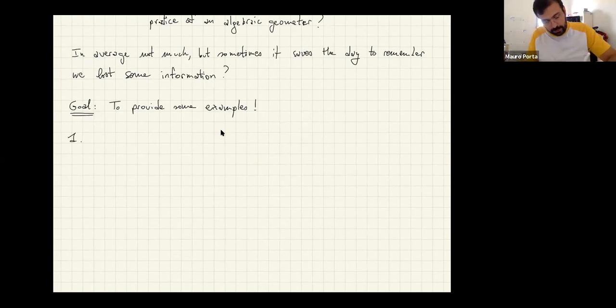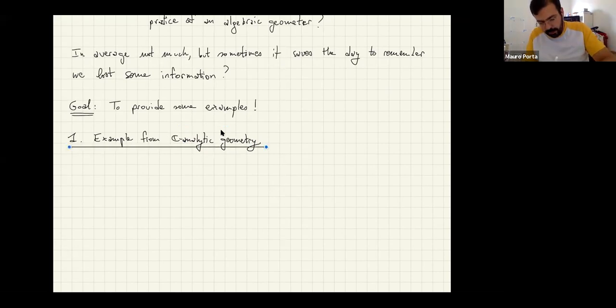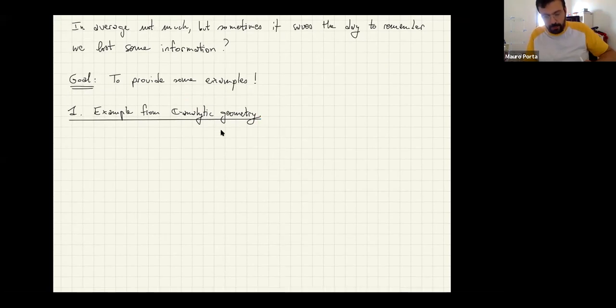So the first one is an example from analytic geometry. And maybe let me say that I mostly care about complex analytic geometry because in non-Archimedean analytic geometry, the situation is somehow simpler. We do not need all this machinery.